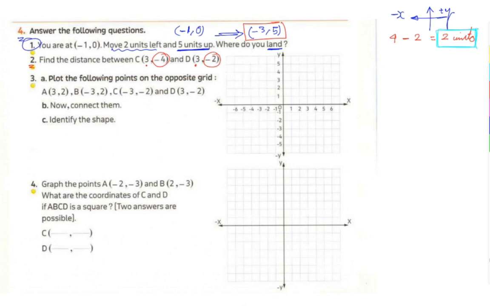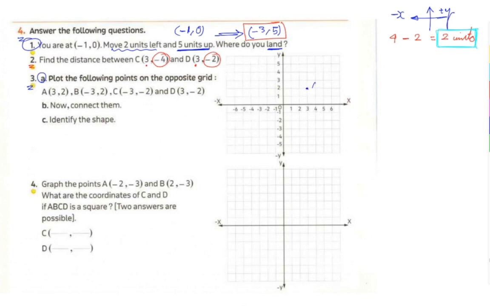Next, question 3. Plot the following points on the coordinate grid. I have 4 points and I will plot them. A is (3, 2): 3 on x, 2 on y.